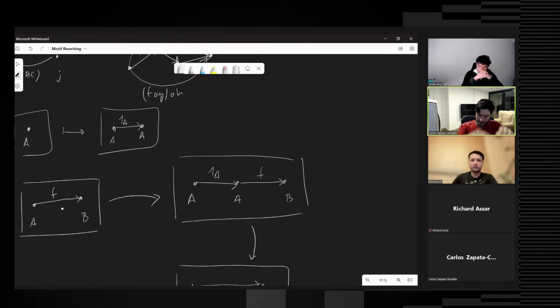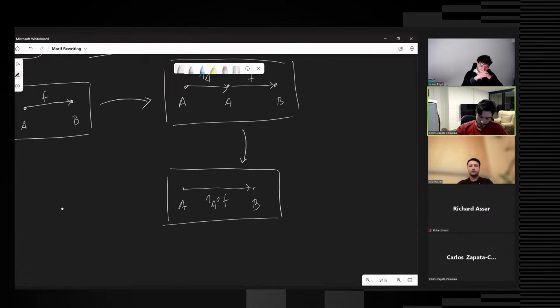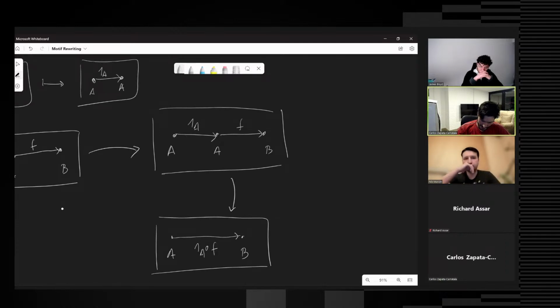So I find something that's multiple from a simple one. So I should also write the fact that there's F here. Maybe I'll just write both. There's F here, that's how we started, and there's also one compose F.